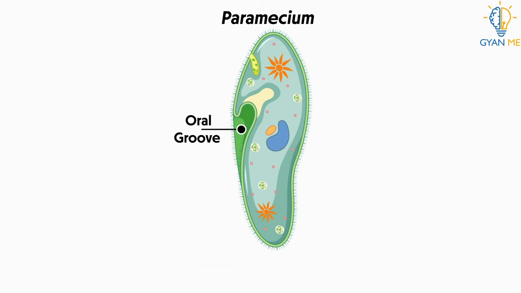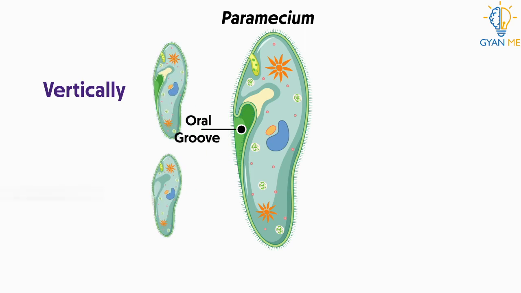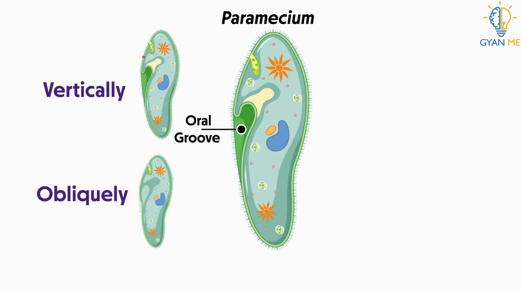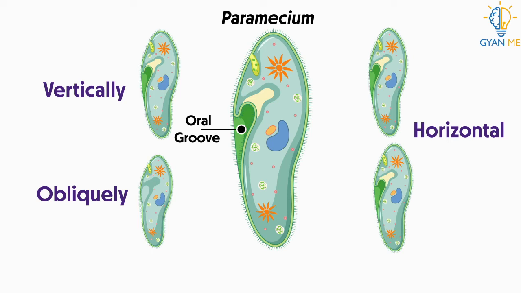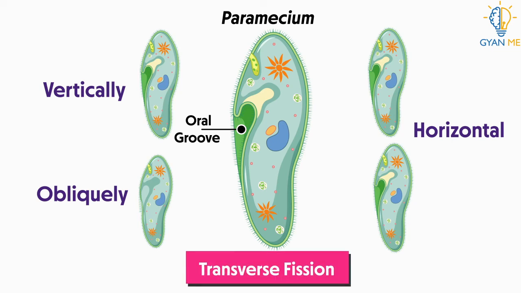Because of this oral groove present in them. Here, if fission happens vertically or obliquely, then only one cell will get the oral groove. And thus, the cell divides in the horizontal plane like this, so that both the cells get the oral groove. And this type of fission is called transverse fission.